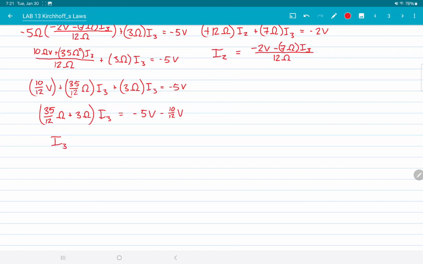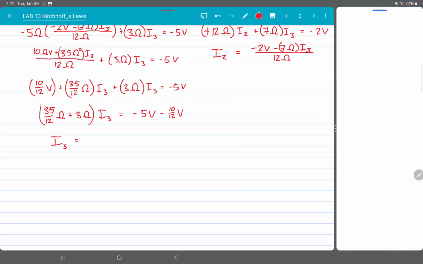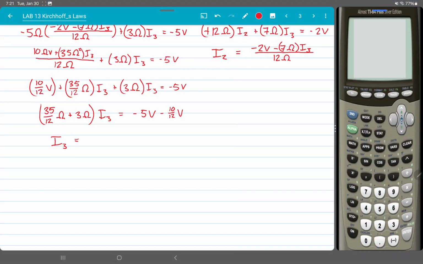So I3 would equal, let's see, bring up a calculator. Okay, so minus 5 minus 10 divided by 12.